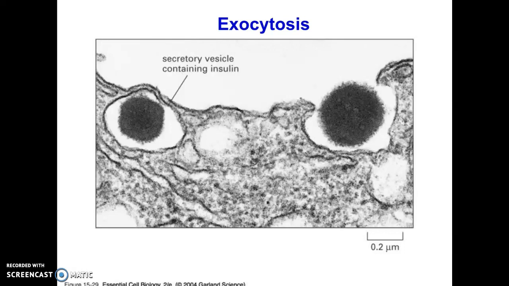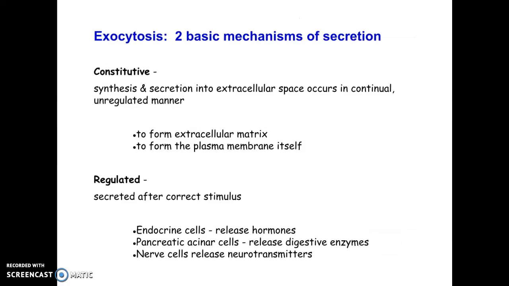Many proteins, their job is to secrete stuff. An example of that is when we were talking in chapter 13 and 14 about insulin. Insulin is a gene product, and so it gets made in the endoplasmic reticulum, and it goes through a regulated exocytosis from the beta islet cells into the bloodstream. And so it's important that we understand how exocytosis works.